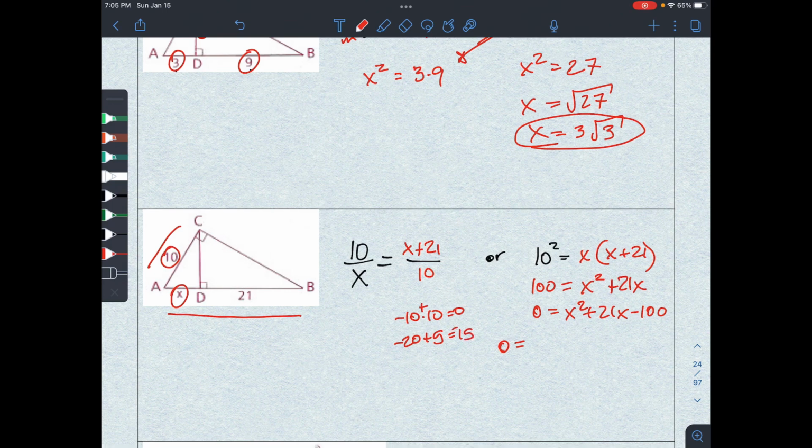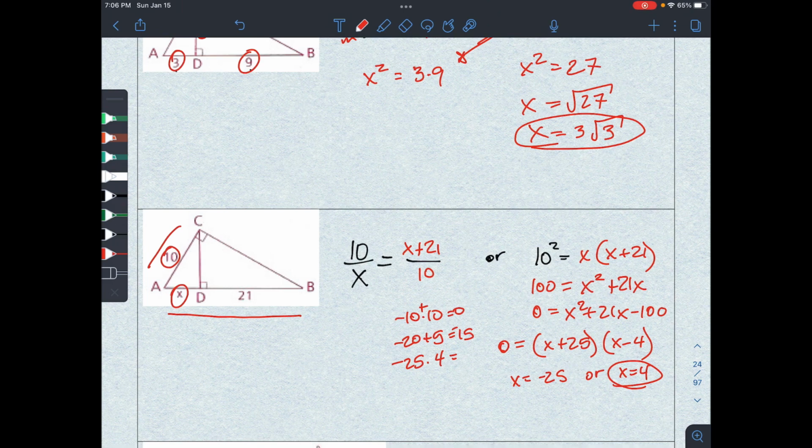And that's pretty close. And let's see, 25 times 4. There it is. Okay, so I think I need the 25 to be negative and the 4 to be positive. All right, so x is equal to negative 25, or x is equal to 4. And we're going to take 4 as my answer, because it's positive.